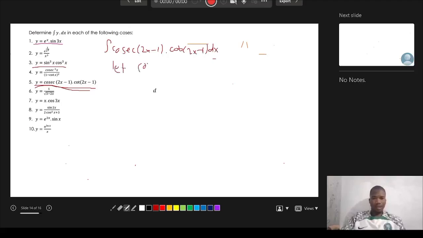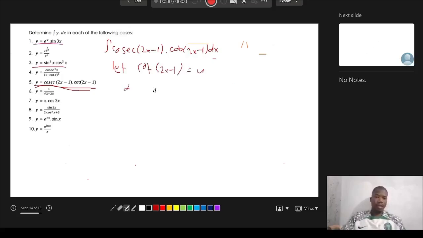So for us, we say let cot(2x minus 1) equal u, right? Now, after we've done that, we have to find the derivative of u.